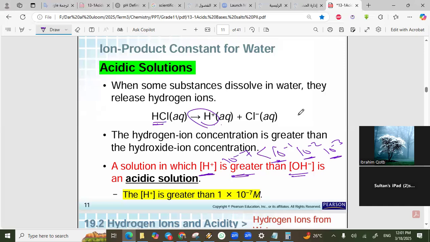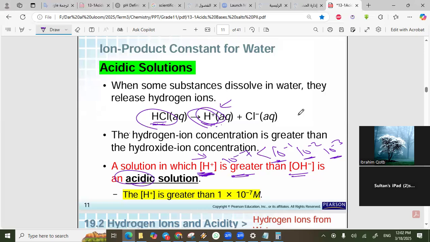Again, when we add acid to pure water, the acid dissociates and produces hydrogen ion. This hydrogen ion will increase the concentration of hydrogen of water. So now the water is not pure, is not neutral. It is acidic. Why? Because H plus increased in it.